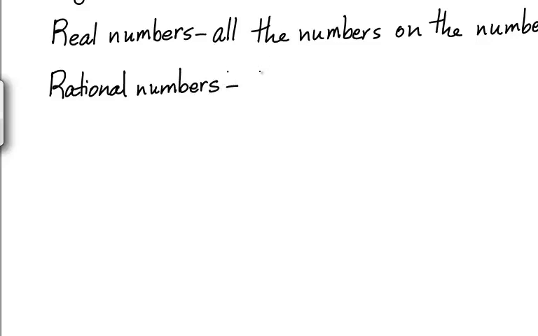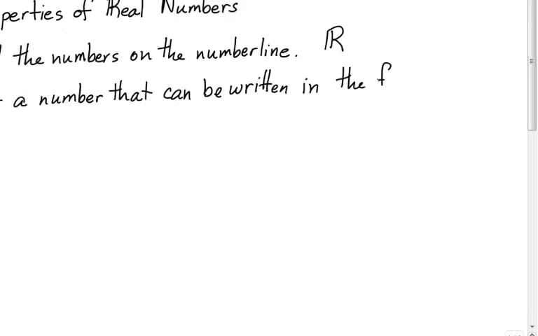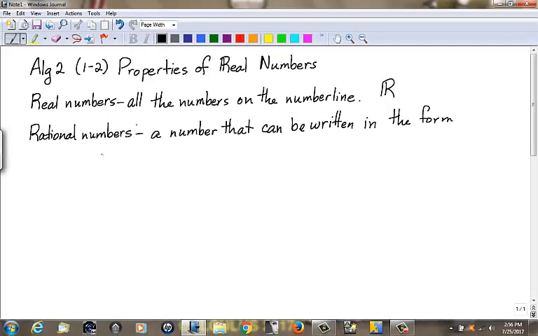Every rational number is a number that can be written in the form M over N, and they might use different letters, where M and N are elements of, that's the Greek letter epsilon.